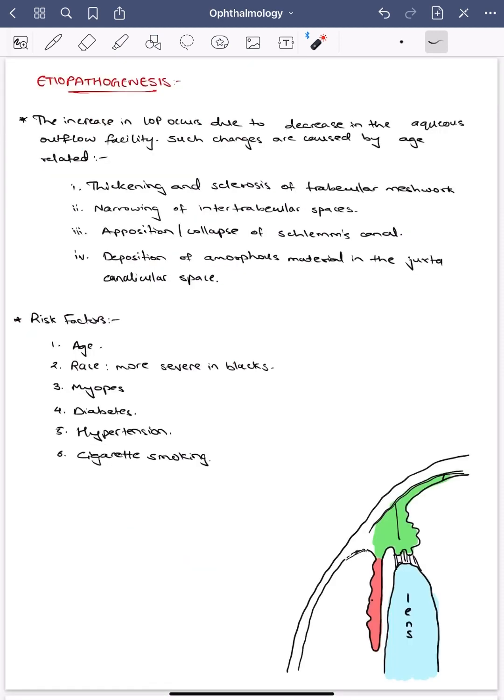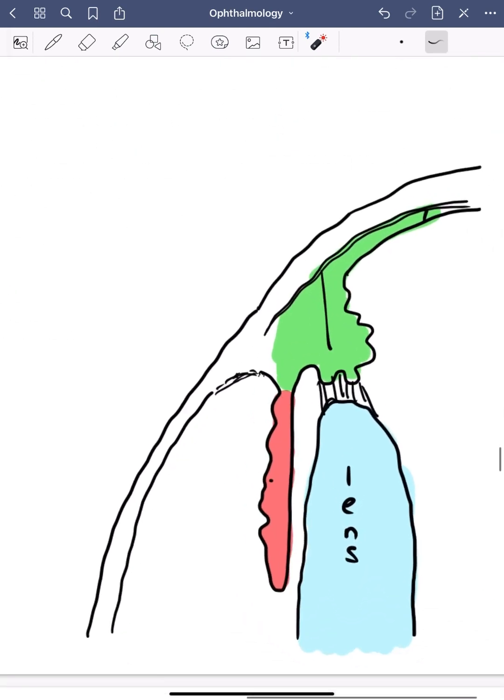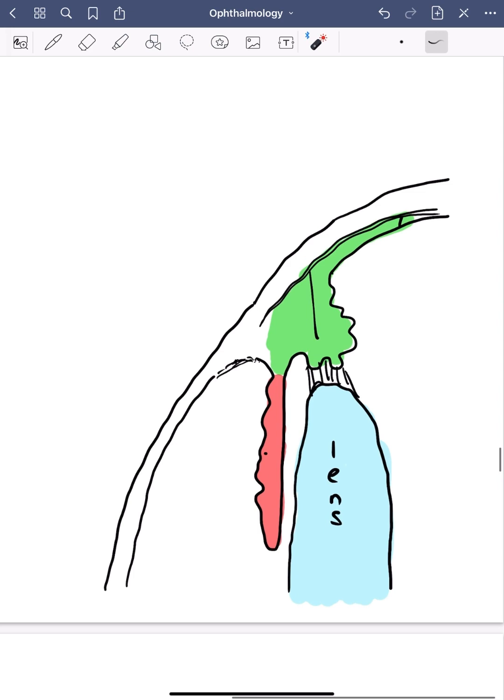Now, coming to the etiopathogenesis of glaucoma. In primary open-angle glaucoma, the increase in intraocular pressure occurs due to a decrease in the aqueous outflow facility. Now the normal flow of aqueous humor is, if you look into this diagram, this is the iris, the ciliary body, the lens, and this is the cornea. Here we have the trabecular meshwork.